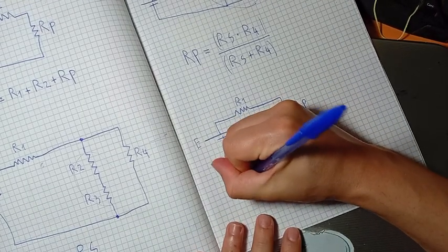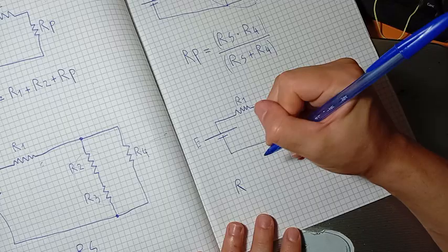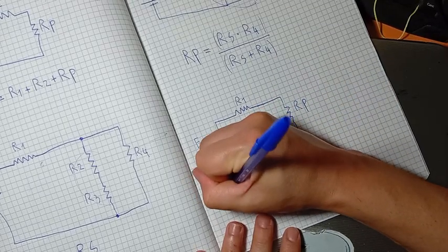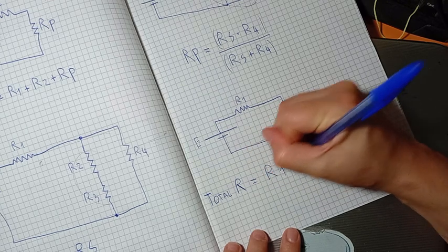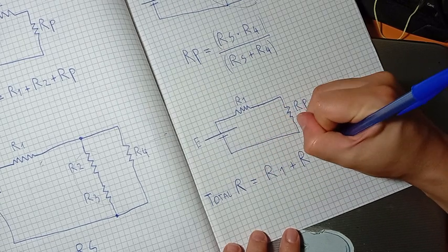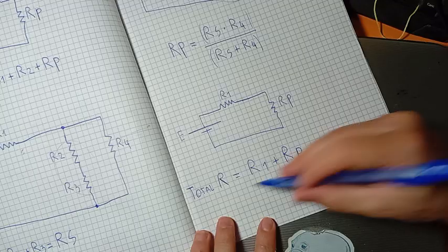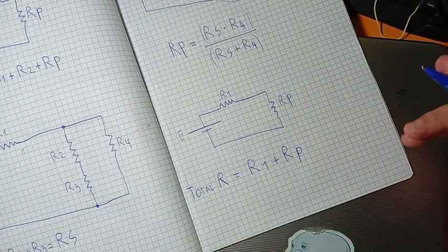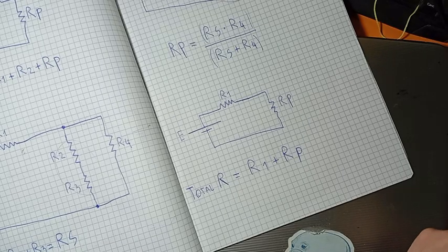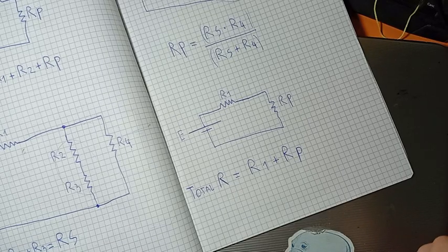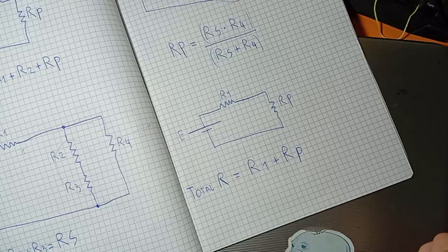Okay, so our total resistance now is just R1 plus Rp. Okay, and I'll have my total resistance now. Okay, so now you know a bit more about how to calculate the total resistance in different circuits.